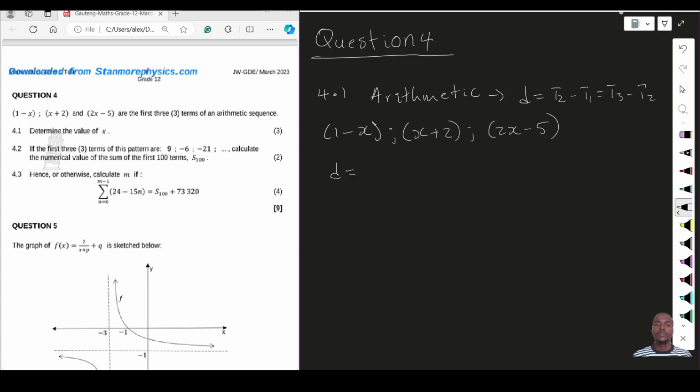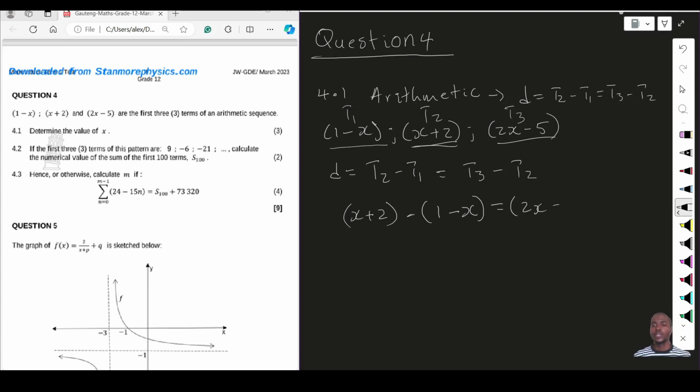Then what is d? d is equal to t2 minus t1 is equal to t3 minus t2. So we know that this is t1, this is t2, this is t3. So let's substitute accordingly. So t2 is (x plus 2) minus t1, which is (1 minus x). This is equal to t3, which is 2x minus 5.